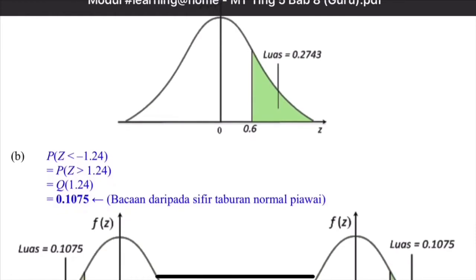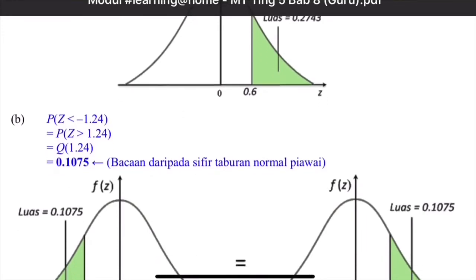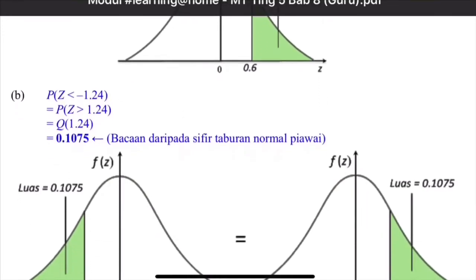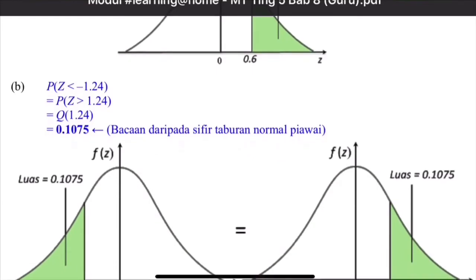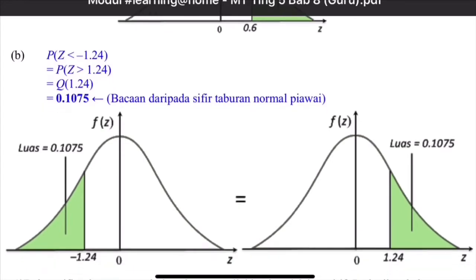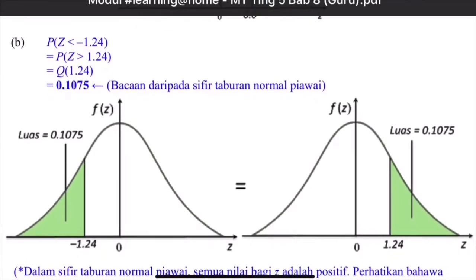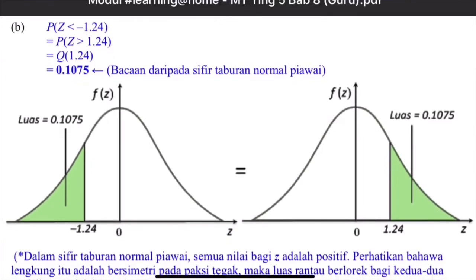Okay, for B, probability for z-score less than negative 1.24. If it is less than negative 1.24, we will make it positive because our table only can read the positive z-score. So we make it z more than 1.24 because it is symmetrical. Less than negative 1.24 and more than positive 1.24, the area is the same. So we just go to the table and read 1.24. Okay, the area is 0.1075.